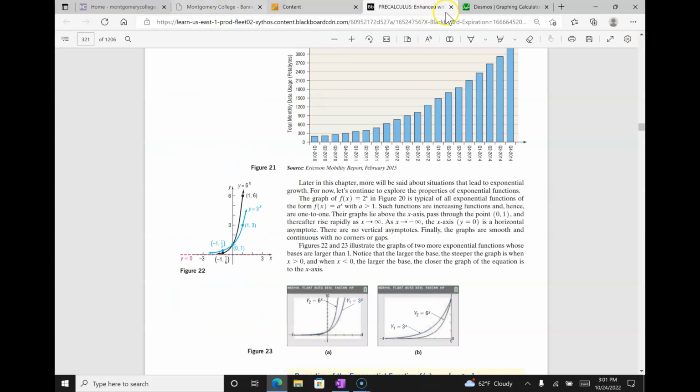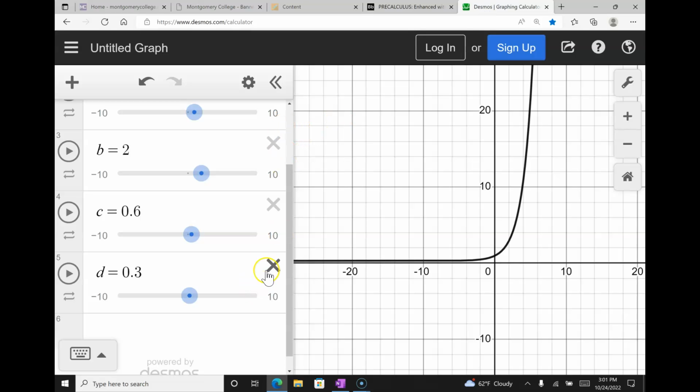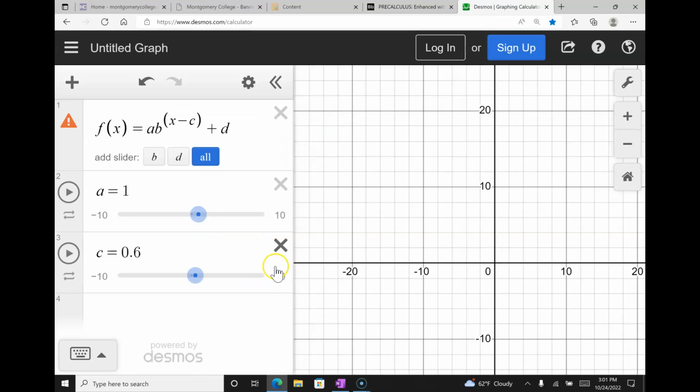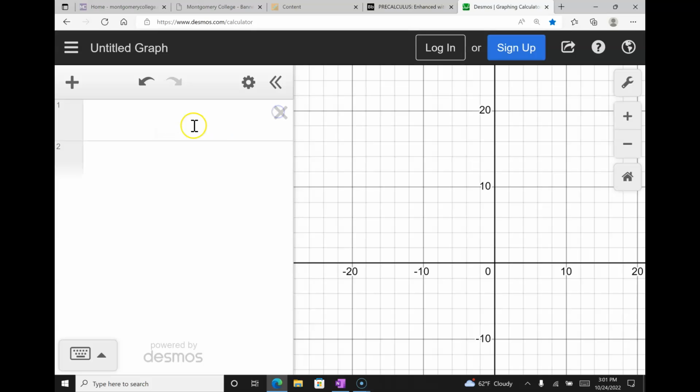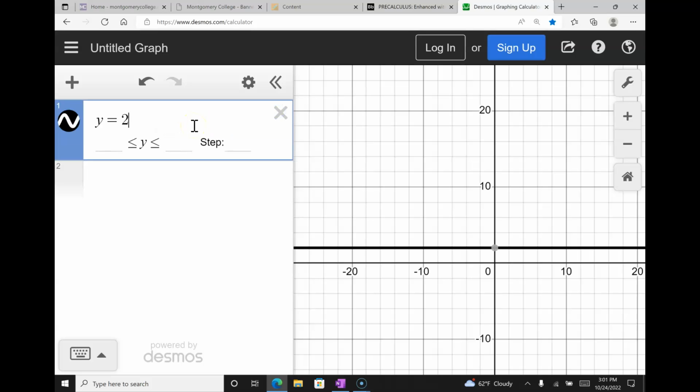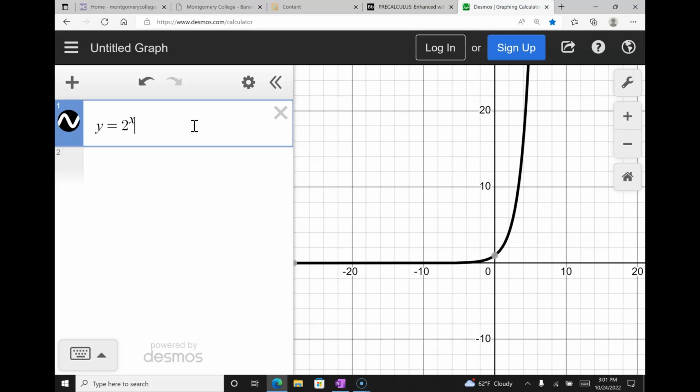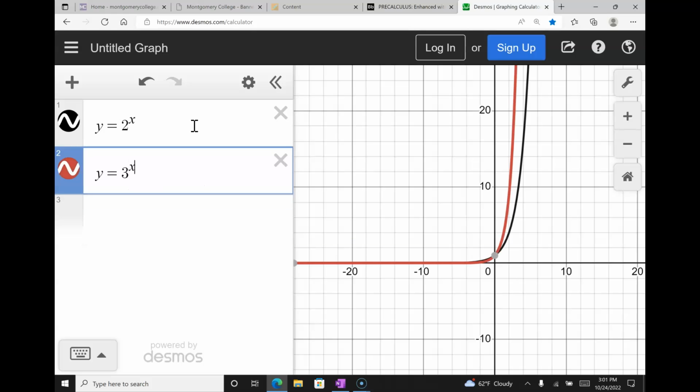So I'm on Desmos. I'm going to graph y equals 2 to the x and y equals 3 to the x. And I'm just going to pick a bunch of points.